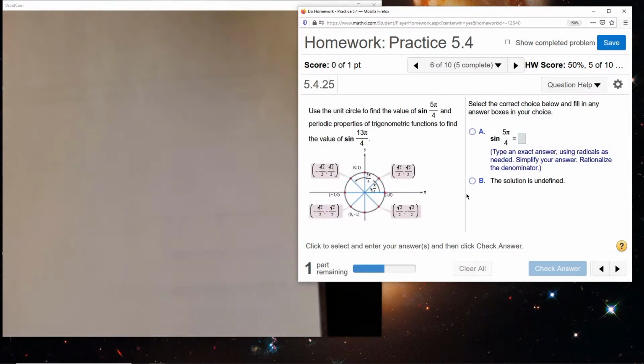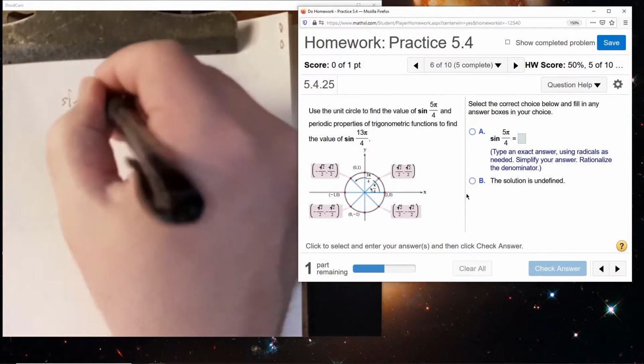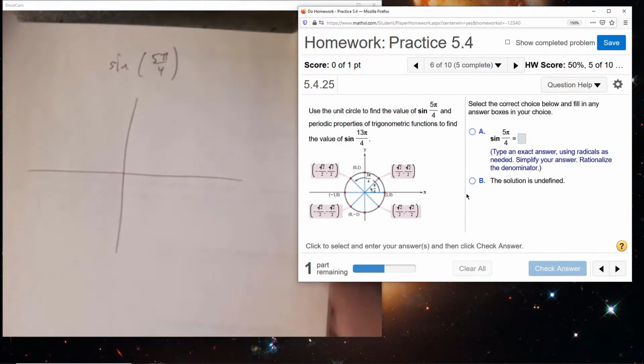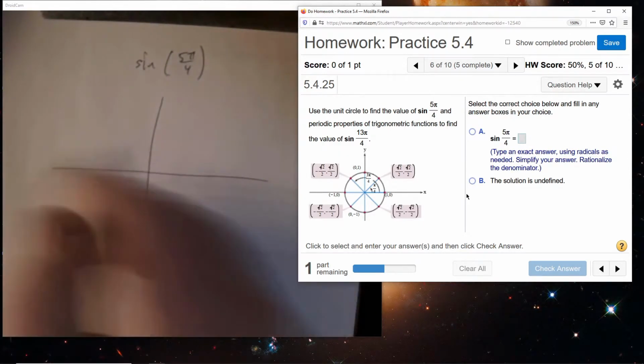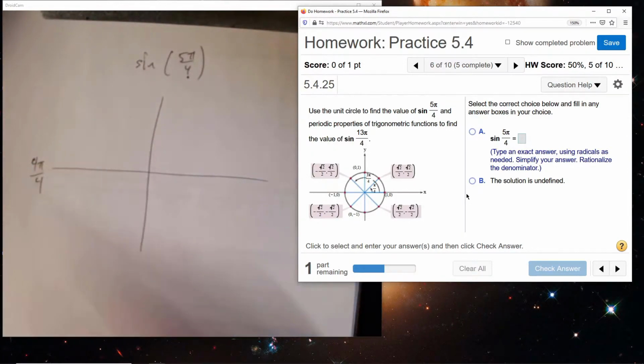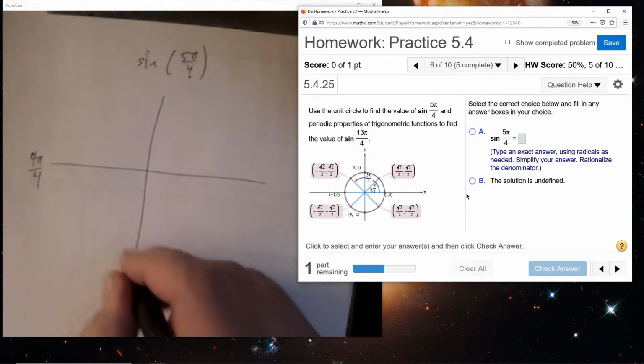So here's the next one. Sine 5 pi over 4. So as always, check out what quadrant this angle's in. Pi with the common denominator there. So we see 5 pi over 4 must be in quadrant 3 or 4.